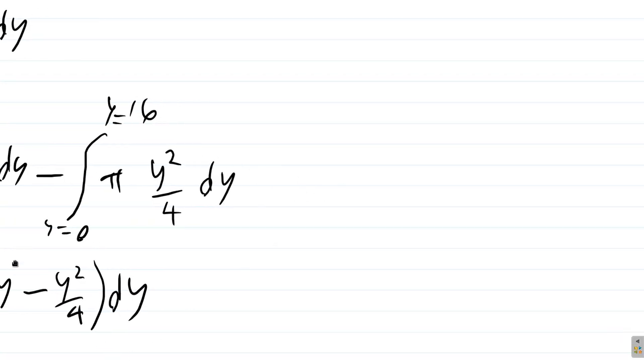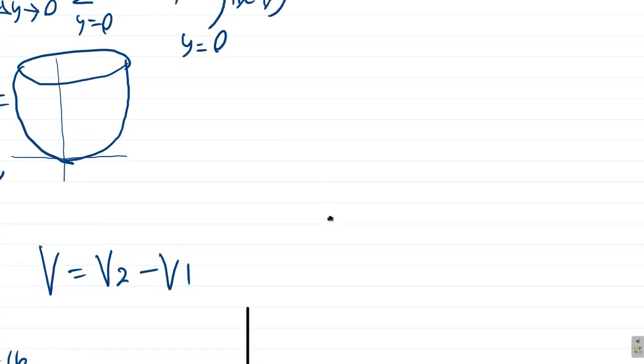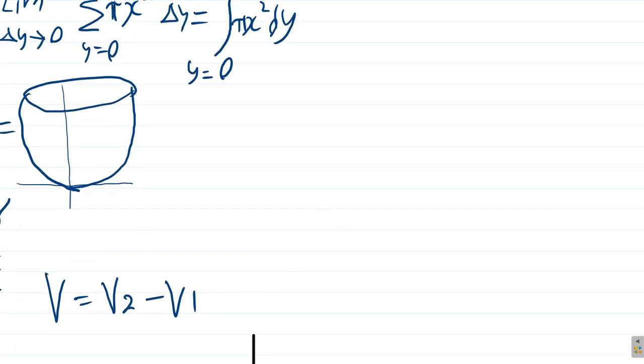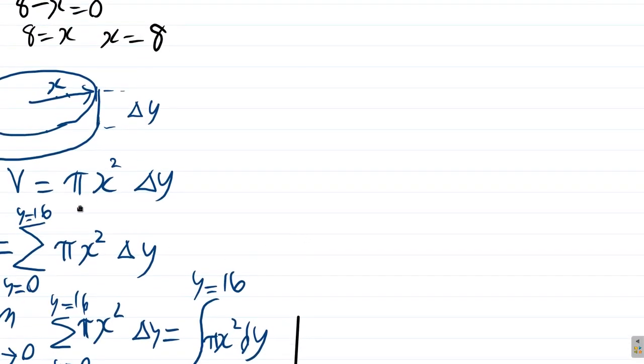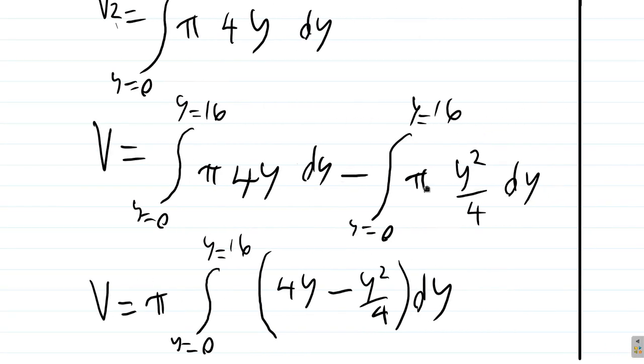Alright, we have run out of scrolling space, so let's draw a line and then we continue our work on the right side of that line. So, what does it say again? Volume is pi, integral from 0 to 16.